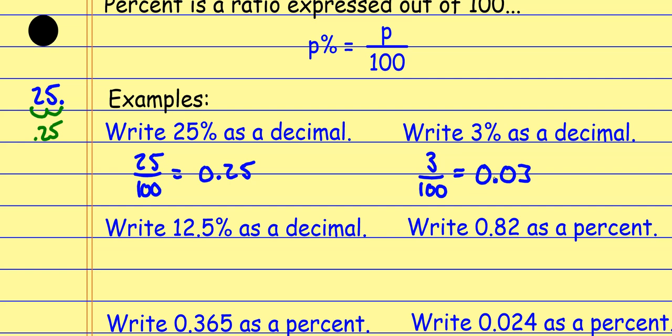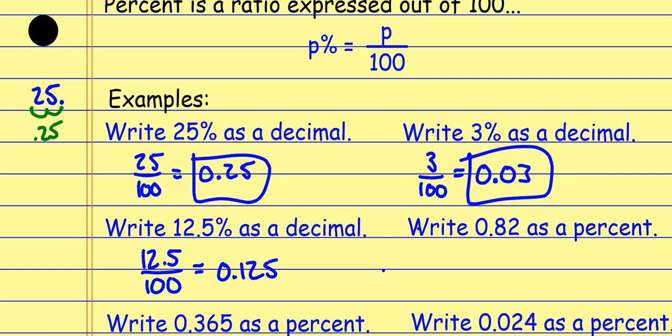The percent symbol literally means divided by 100, so that's how we plug it into equations. This guy, same kind of thing. 12.5% is 12.5 out of 100. That's what the percent symbol means. It means divide by 100. And when you do that, you get 0.125. Okay?